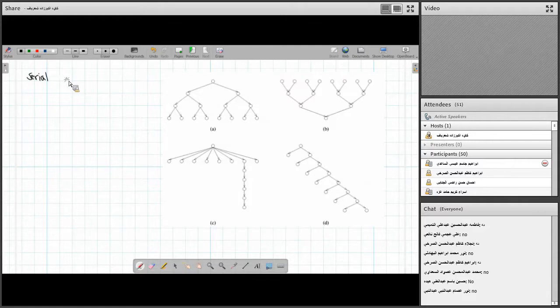Serial execution time, parallel execution time, SP.